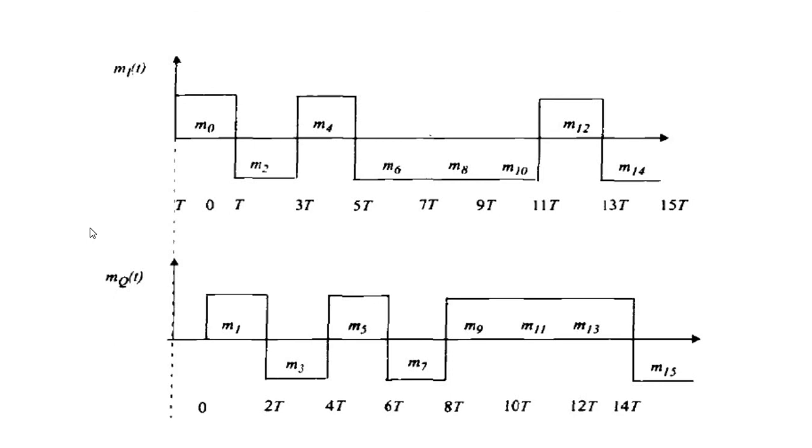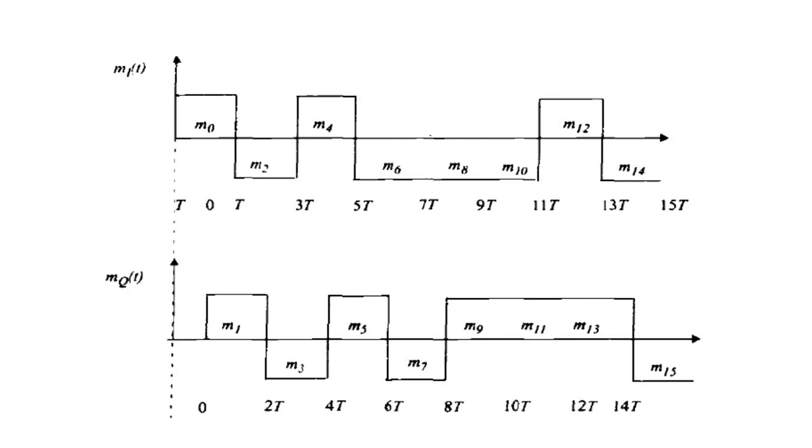For this what we do is, 1 bit will be taken here, another 1 bit will be given here. So this 1 bit normally starts its transition in the normal time, but when we observe this mQ of t, here we are introducing a time delay of Tb.